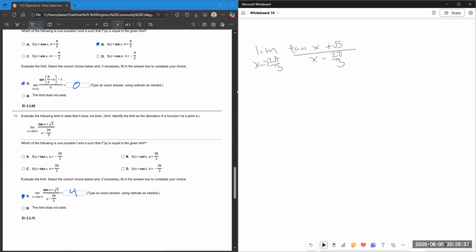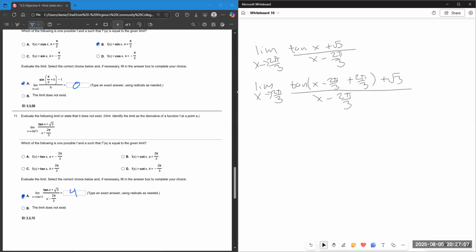The first thing that I see is that I have a mismatch: I have a tangent of x, and I have an x minus 2 pi over 3. So I want to get everything to be in terms of x minus 2 pi over 3 because my limit is going to 2 pi over 3. So tangent of x minus 2 pi over 3 plus 2 pi over 3, plus root 3, over x minus 2 pi over 3.